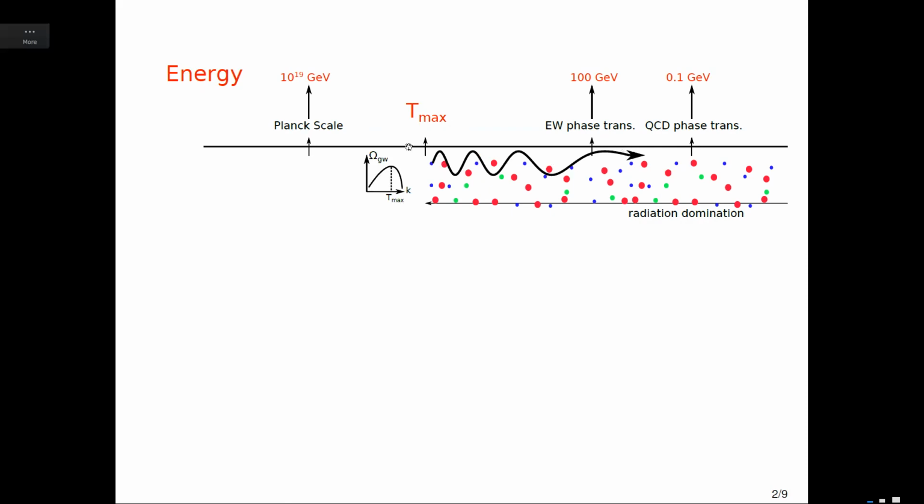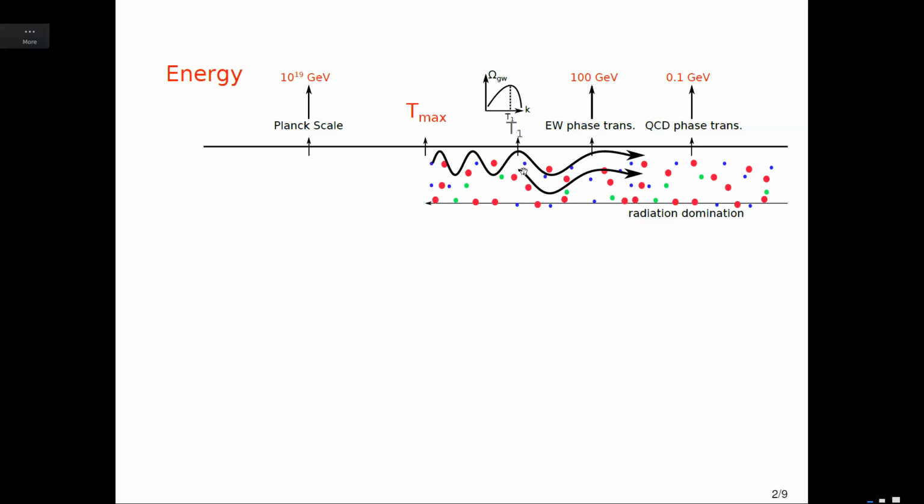What really happens is that the particles that collide at Tmax produce a gravitational wave spectrum that peaks at the maximum temperature. This is then redshifted. So for example, if you redshift this to a later temperature T1, the spectrum peaks also at T1. The essential part here is that the gravitational waves which are produced later on at T1 also have a gravitational wave spectrum that peaks at T1.